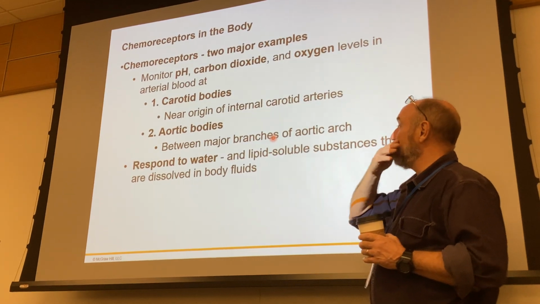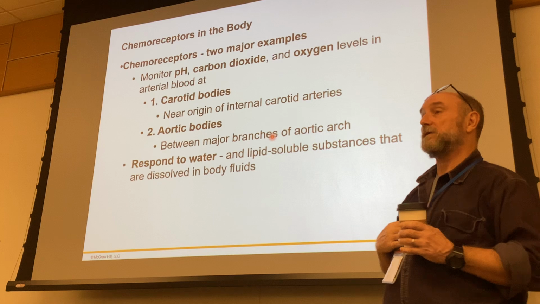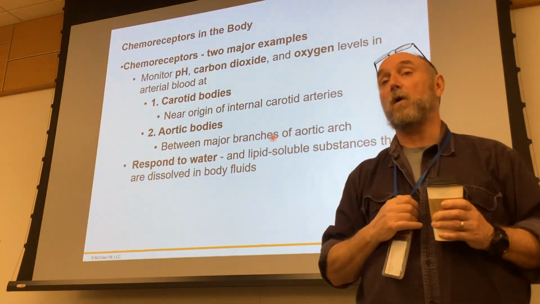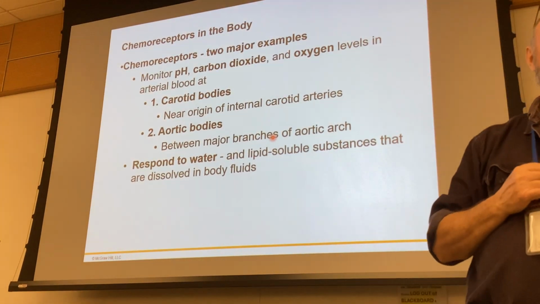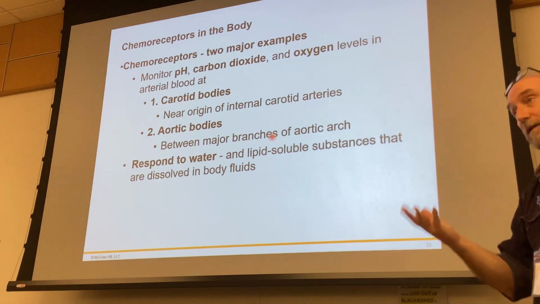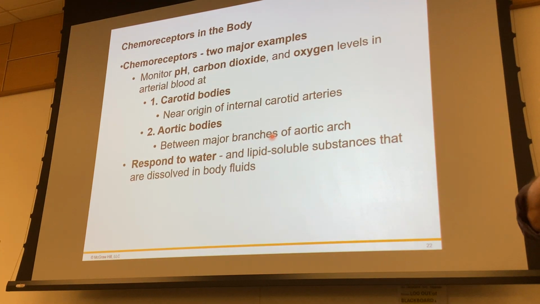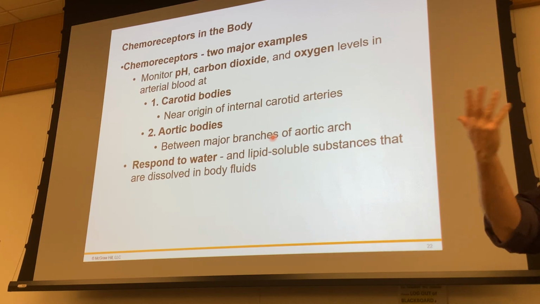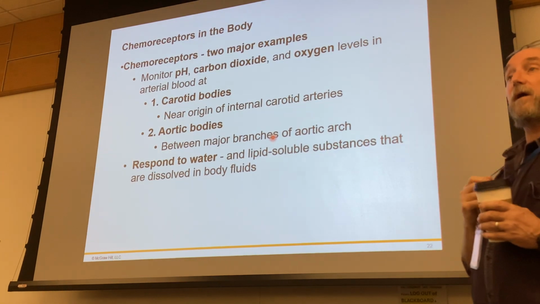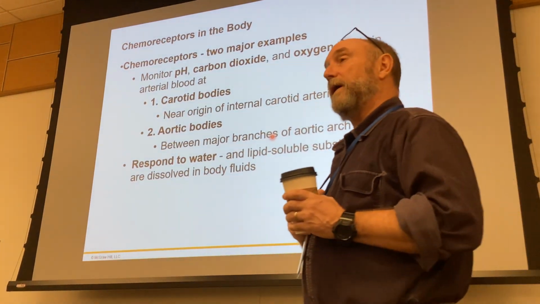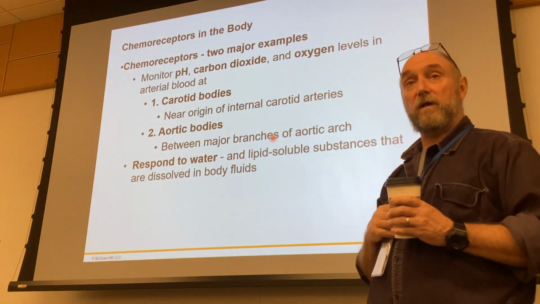Another thing that they will do is these chemoreceptors will also respond to amounts of water in your body. And so if there's lack of water in your body, then what your body does is it doesn't control water very well, but I don't know if I've ever mentioned the sodium potassium pump. Our bodies are quite able to control sodium levels.